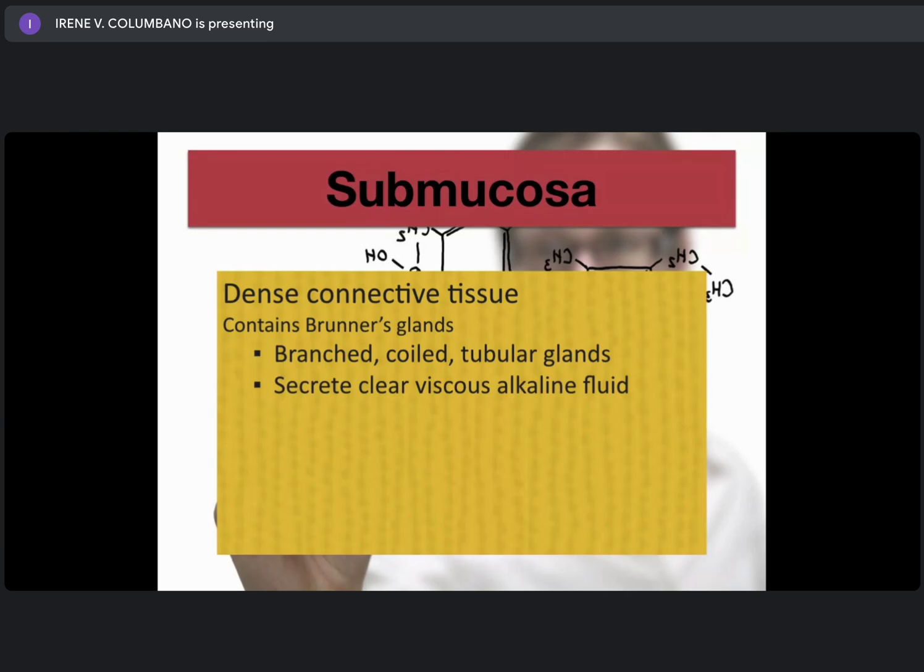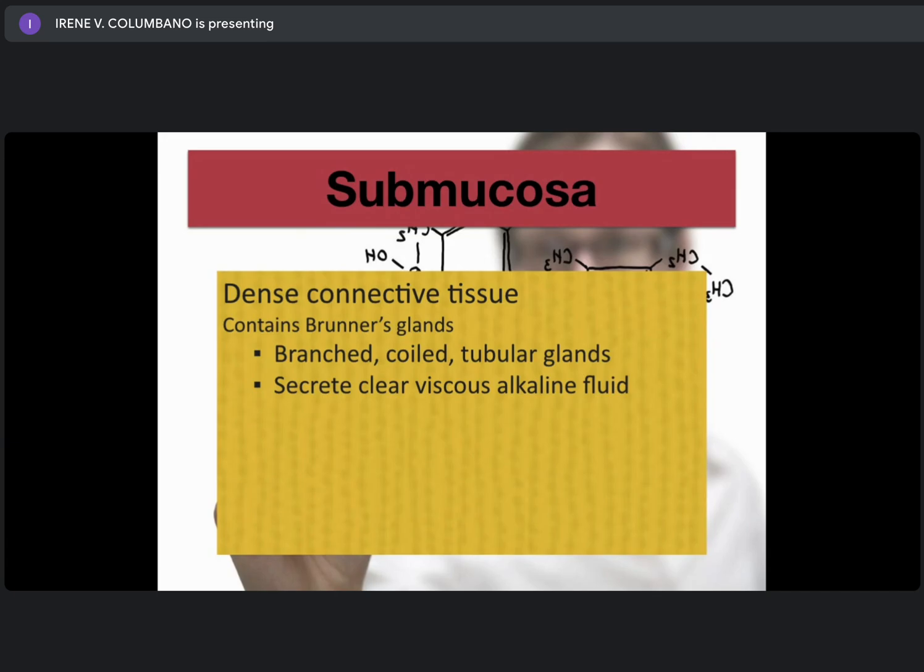Bakit nagsisecrete siya ng alkaline fluid? Remember, yung ating chyme, pag nasa stomach siya, yung bolus pag nagpunta na sa stomach, magiging chyme, so may contact na sa acid. So, acidic ang environment noong stomach natin. Ang environment naman pagdating sa duodenum is more on alkaline. Okay? So, alkaline siya to neutralize yung chyme na bababa from the stomach papunta na sa duodenum para hindi masira yung ating duodenum.